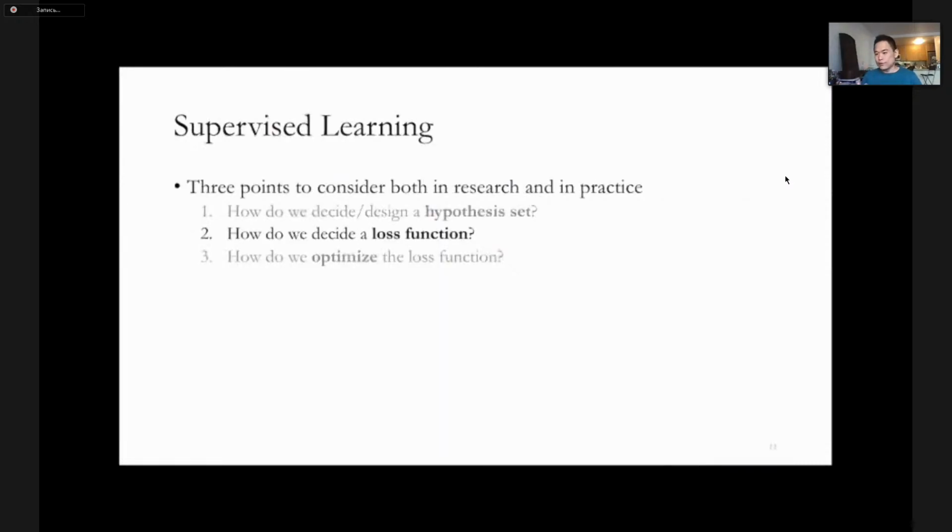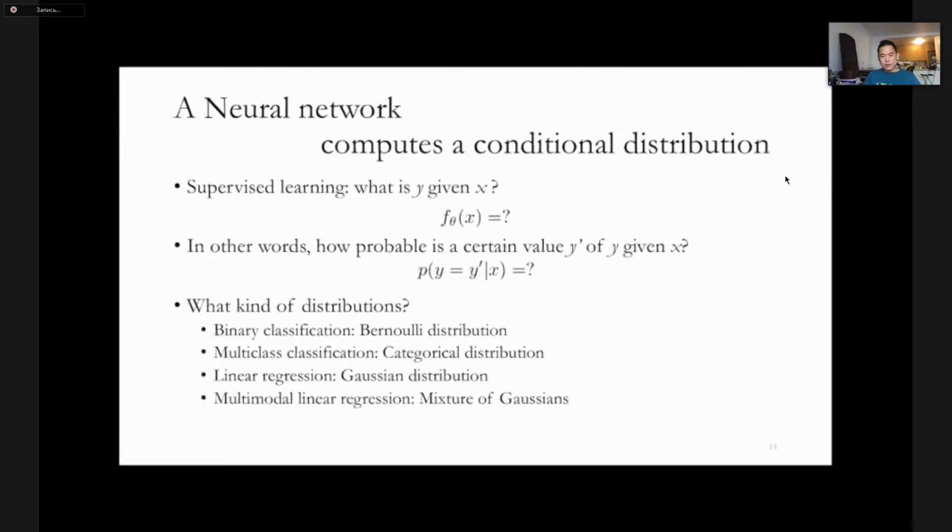The second thing is a loss function. Now, what is the right loss function to use? You may have seen a lot of loss functions so far throughout this summer school, but in this lecture, and generally in natural language processing these days, we focus on the distribution or probability-based loss function.